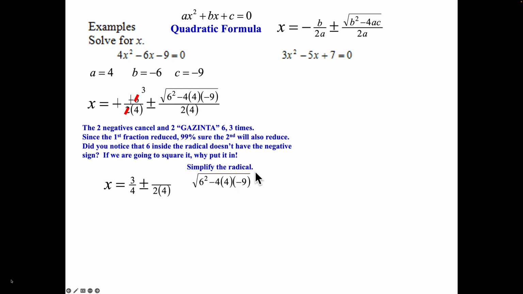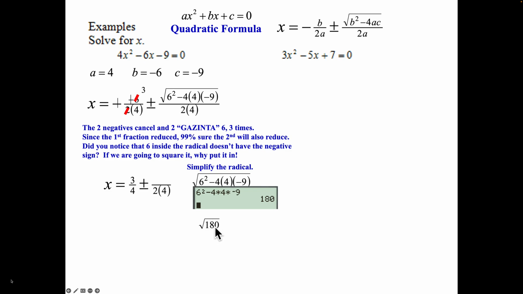So I'm going to go to my calculator, type in 6 squared minus 4 times 4 times negative 9. That's 180. We're going to put 180 inside of our radical. And now we want to start to take out a perfect square.